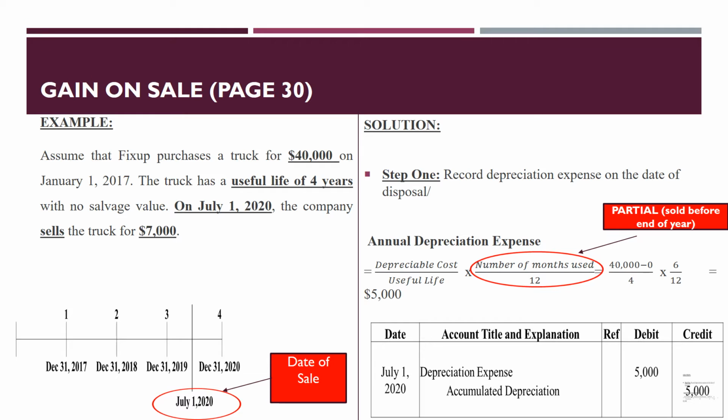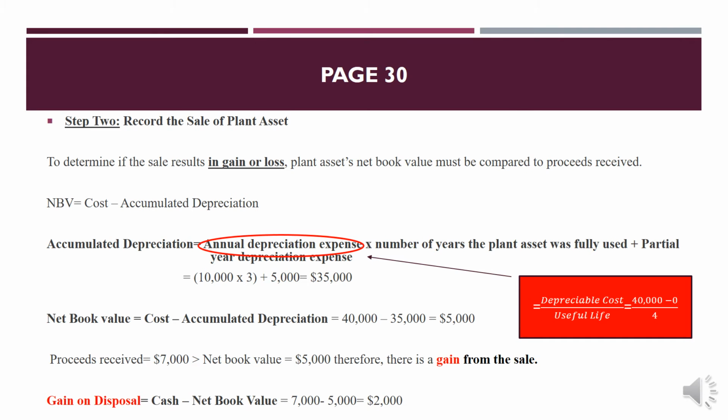The second step, we need to record the sale of the plant asset. To determine if the sale results in a gain or loss, the plant asset's net book value must be compared to its proceeds received. The net book value is calculated by cost minus accumulated depreciation. The cost is 40,000, so we need to calculate the accumulated depreciation, which is the annual depreciation expense times the number of years the plant asset was fully used plus the partial year depreciation expense.